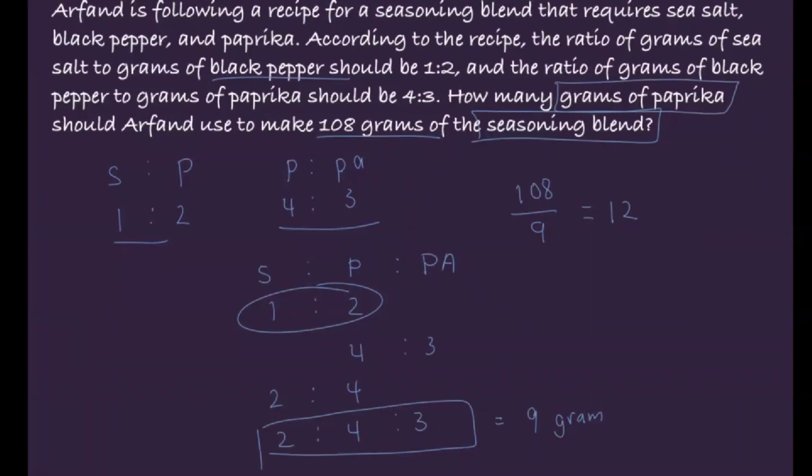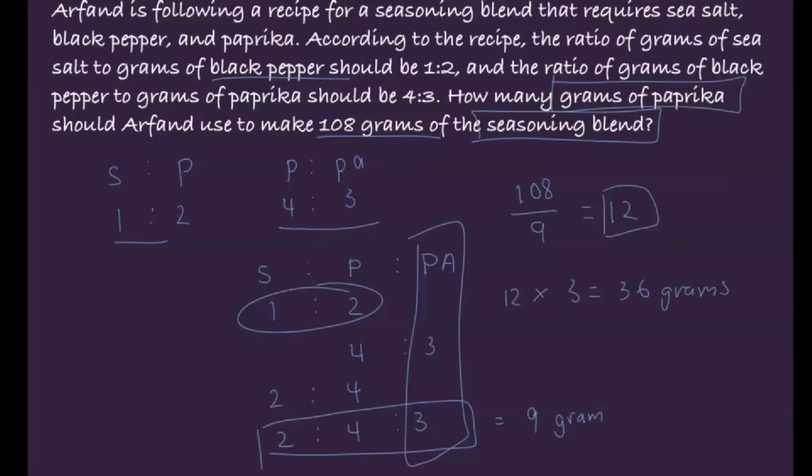Since they're looking for grams of paprika, this would be a factor. So we'll multiply 12 by 3, and we will get 36 grams of paprika. So 36 is our answer.